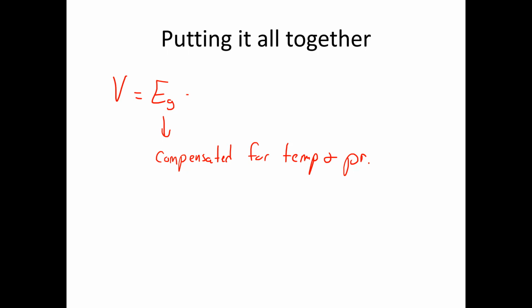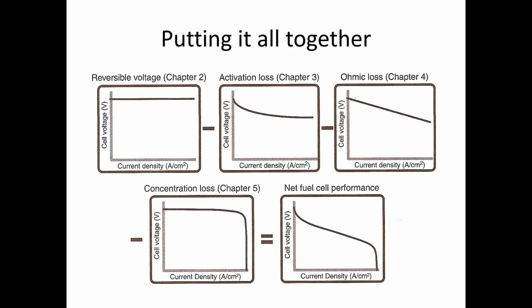And then we subtract these other losses: the activation losses, minus the ohmic losses, and also subtracting out any concentration losses. So basically, this is how it looks when we pull it all together.